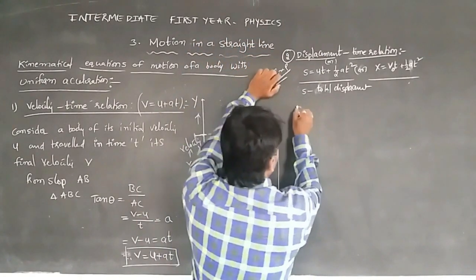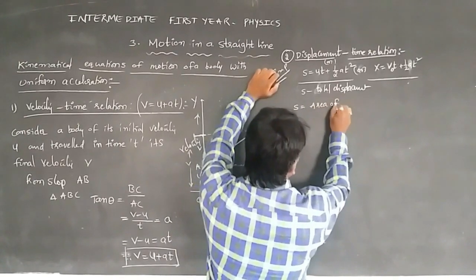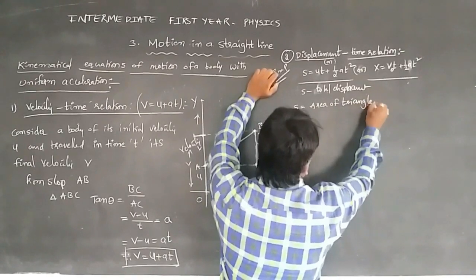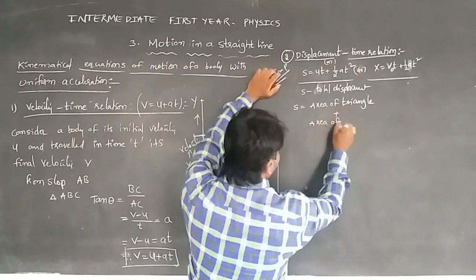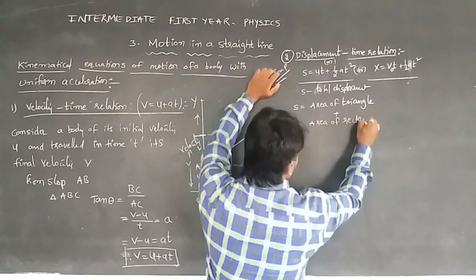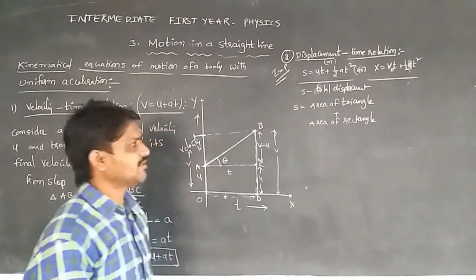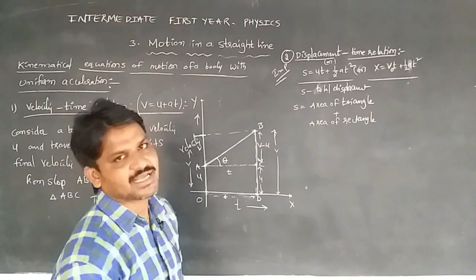S is equal to area of triangle plus area of rectangle. We know the mathematical formulas for the area of a triangle and the area of a rectangle.